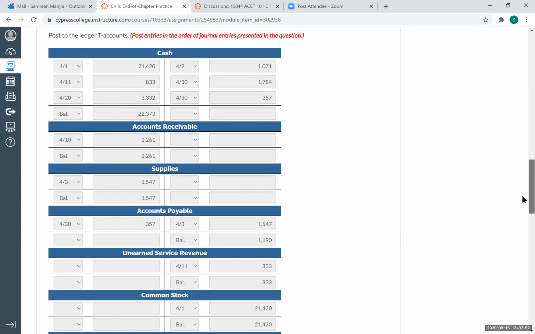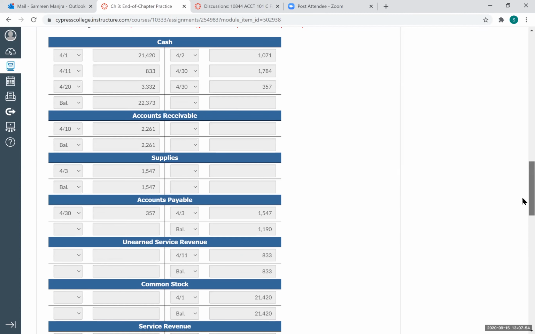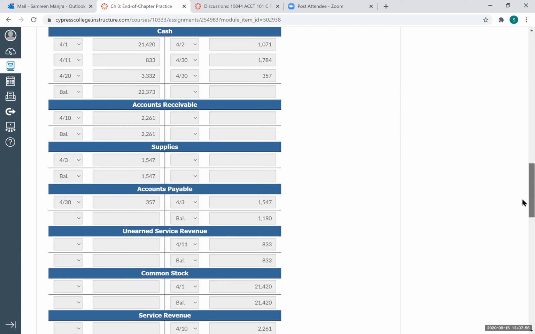Once you are done posting the amounts to the respective accounts, then you will come up with the ending balance. So the way how you would come up with the ending balance depends on the classification.